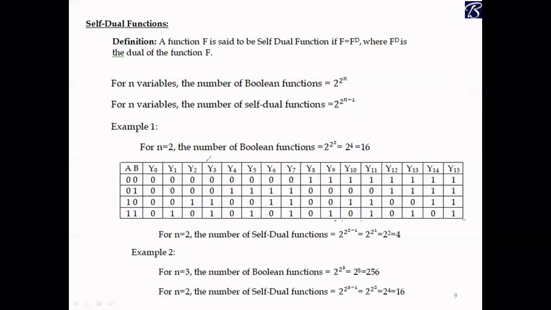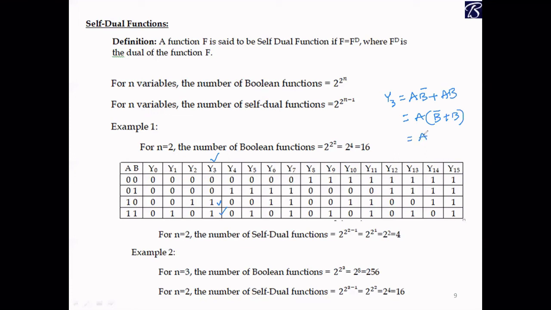Let us take y3. Y3 equals, with these 1s, A B bar plus AB. Now if you simplify it, you take A common. What is inside the brackets? B bar plus B. We know that B bar plus B is 1.